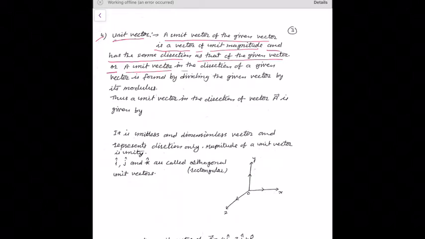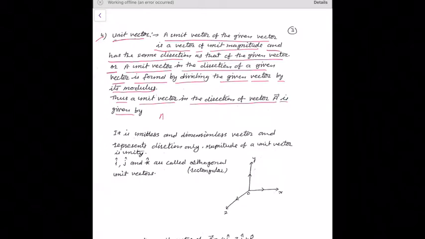A unit vector in the direction of a given vector is found by dividing the given vector by its modulus. Thus, a unit vector in the direction of vector A is given by A cap. A unit vector is represented with a cap.